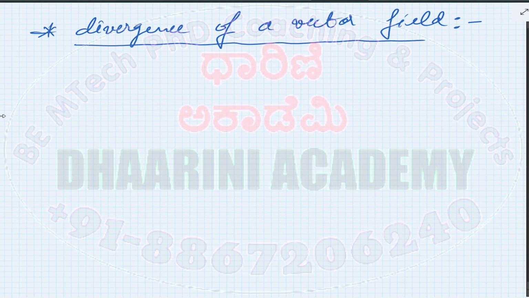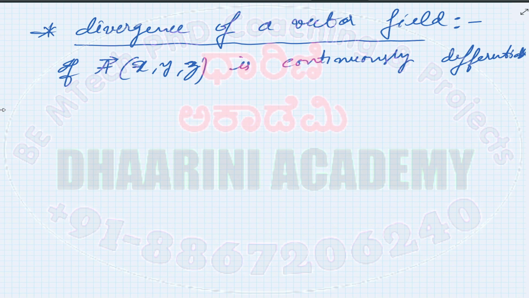All right, so let's try to give a notation for this first so that we can extend this to an application. So let's say a vector at a point x comma y comma z is continuously differentiable. It's a differentiable vector function.